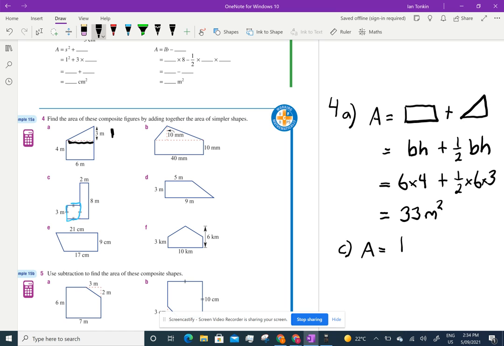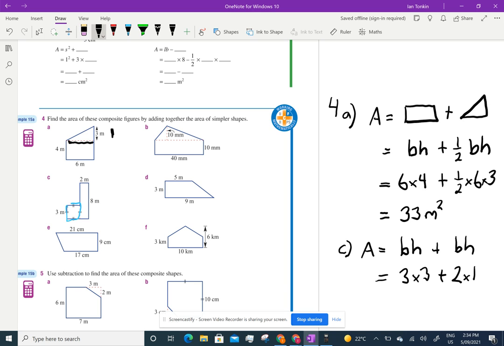The area of the square, well, that's just a rectangle, so it's just base times height. And the area of the other rectangle is base times height. Now remember, they're different bases and different heights. So the square is just going to be 3 times 3 because the base and the height of the square are the same. And the base of the rectangle is 2, even though it's right up the top, it equals the one down the bottom.